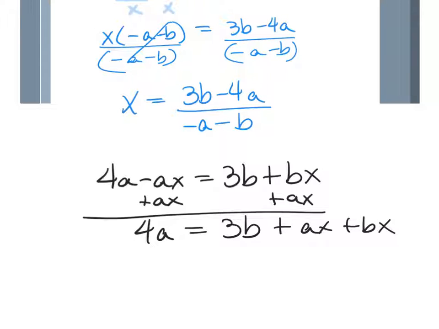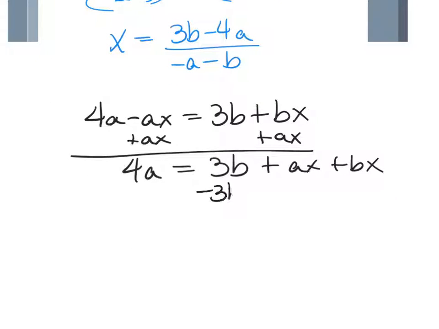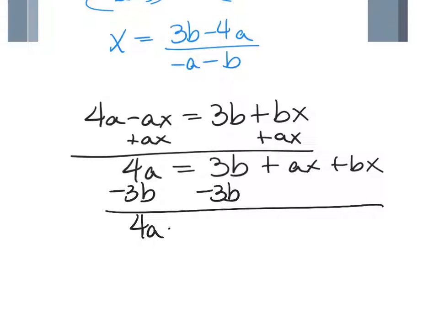Again, ax and bx are not like terms, so I can't combine them into one. And next I'll move my 3b over. 4a minus 3b equals ax plus bx. Again, we're going to factor out a greatest common factor of x.